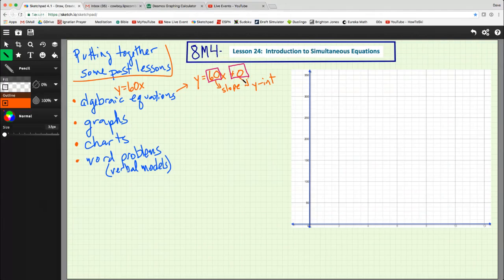There's our slope and our y-intercept. So we can make a graph out of this thing. And so we can start at 0, 0, because that's our y-intercept. And then we can go up 60 and over 1. This is maybe hard to read, so I'll label this a little bit better so you can maybe read this.